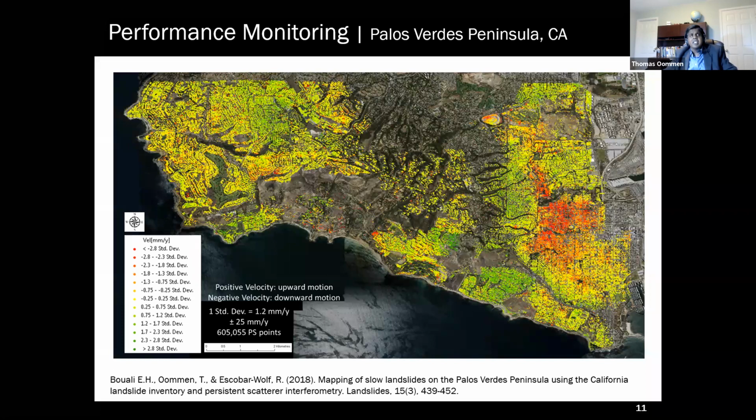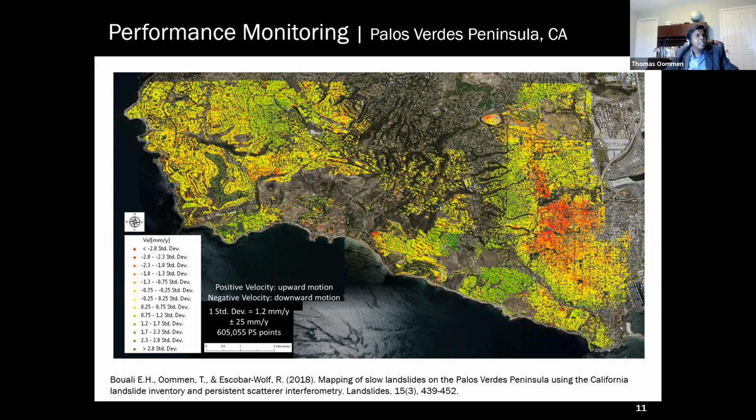Whereas in this case, you are getting those measurements of ground movements from these 600,000 points from the satellite data. And these satellite data sets are in most cases available for free. So you can actually get this data set and monitor an area for free. This is a huge advantage compared to the traditional approach.